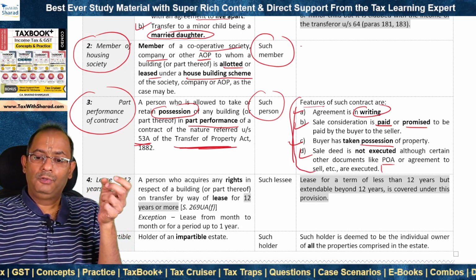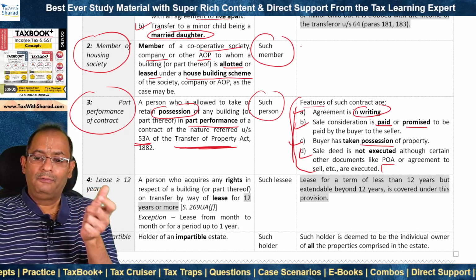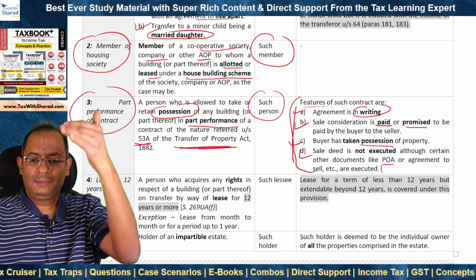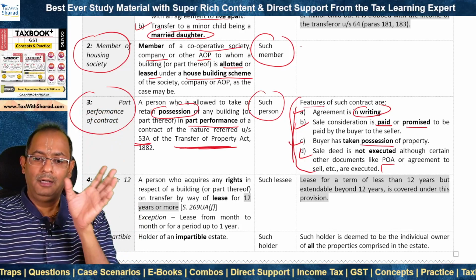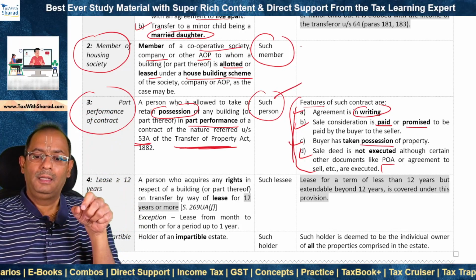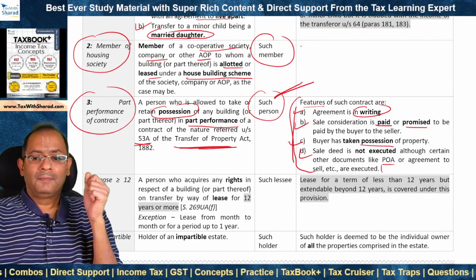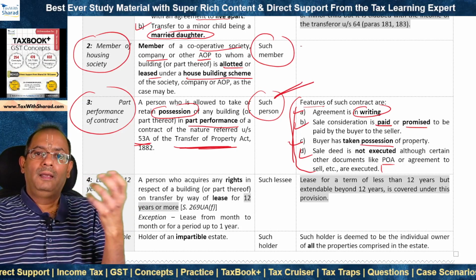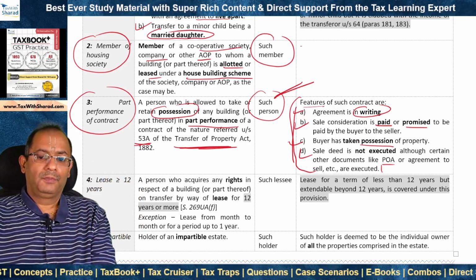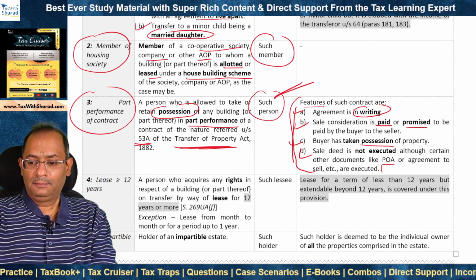So in effect, it's only a matter of execution or registration of the sale deed, while all the other substantive elements appear to have been fulfilled. So it is considered to be part performance of a contract, and accordingly such person is deemed to be the owner, and the income from such house property is charged to tax in his hands.